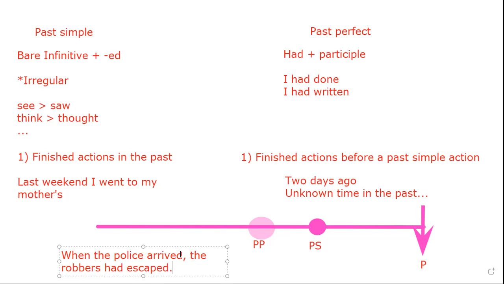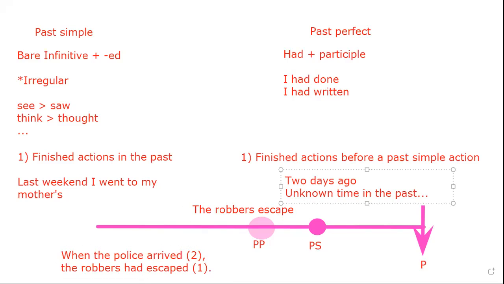So obviously, the first action, chronologically speaking, would be the robbers had escaped. And then the second action, chronologically speaking, would be the police arriving. So the police arriving is the one coming after the past perfect action.